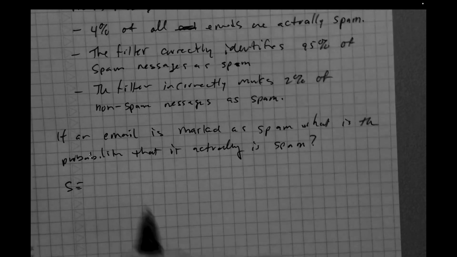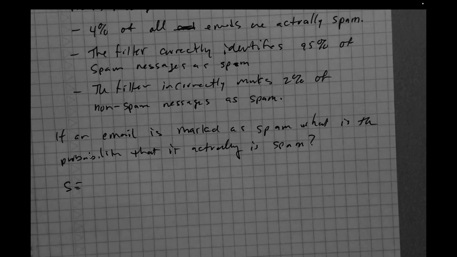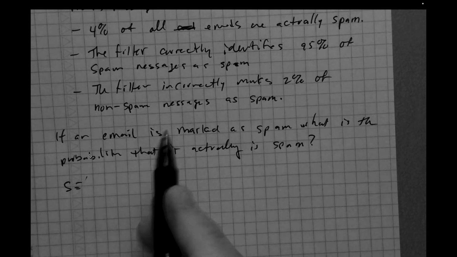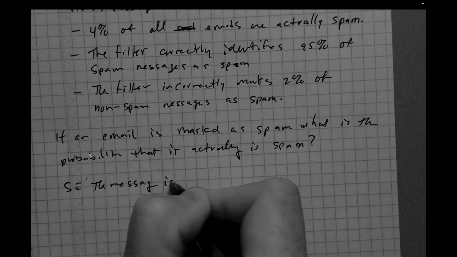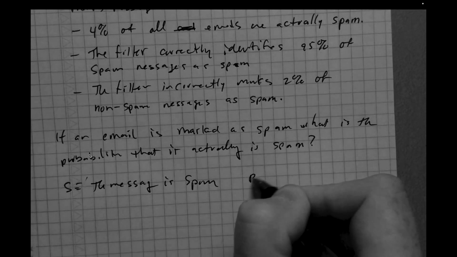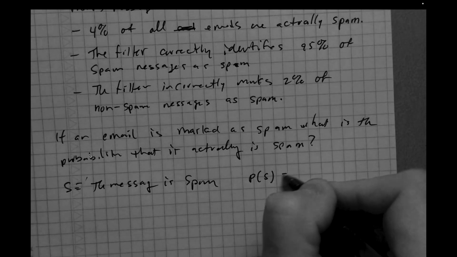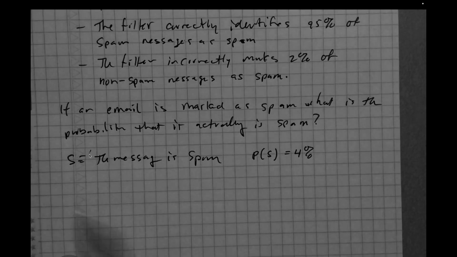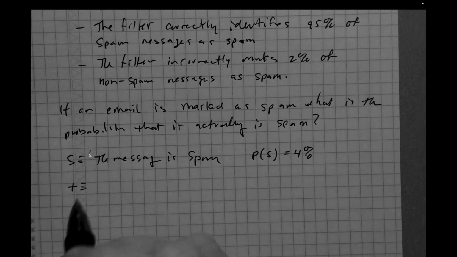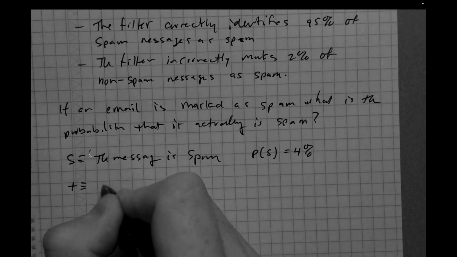So let's say S is the event that the message is spam, and so the probability of S is 4%. And let's say plus will denote that the filter marks a message as spam.